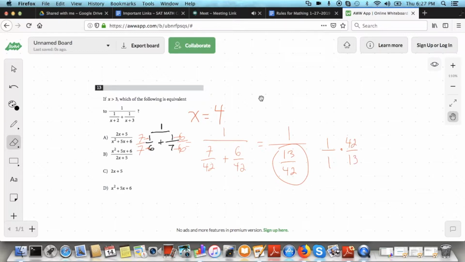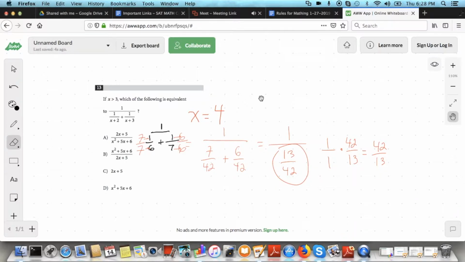And that gives us what? 42 over 13. Anything times 1 is itself, so that's 42 over 13. Does that make sense so far? Yes or no? Questions about that? Okay.